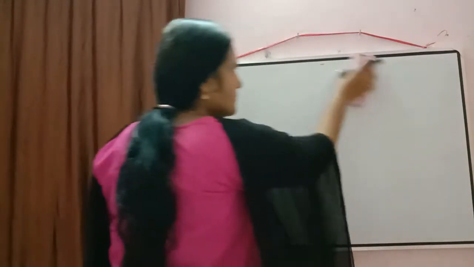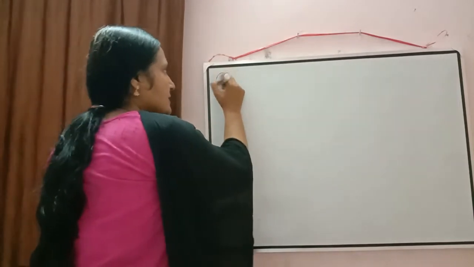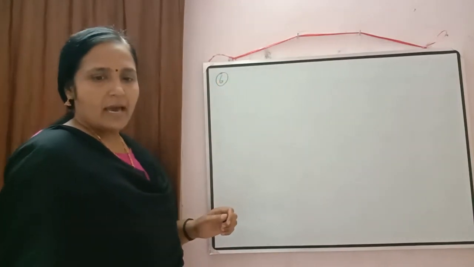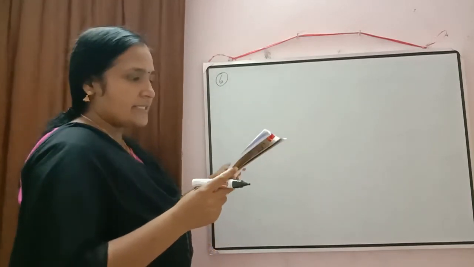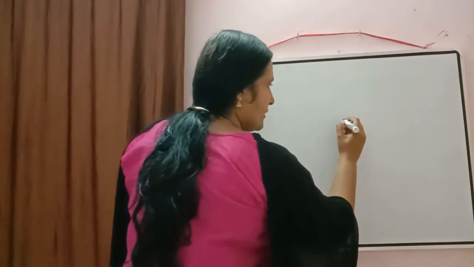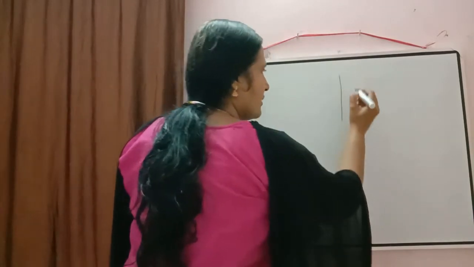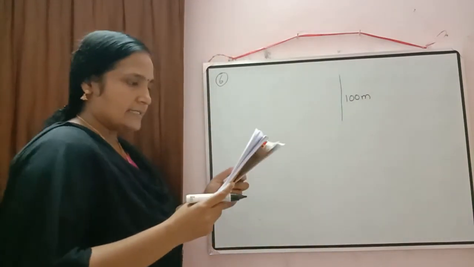Next question is question number 6. Now for question number 6, we can check the question. It is written: as observed from the top of a lighthouse which is 100 meter above sea level. So here we have a lighthouse which is 100 meter above sea level.